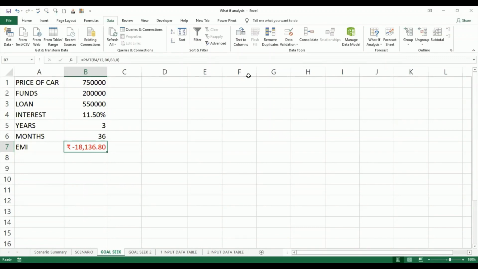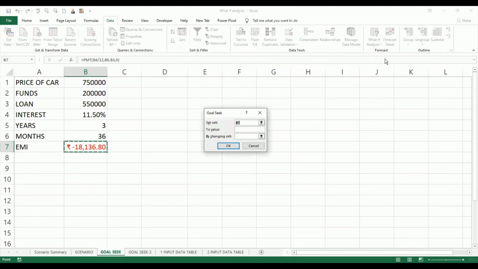So again, I go under data, under what-if analysis, and I choose goal seek. Goal seek is nothing but trying to understand, based on your EMI, how can you get the value of the car? So the set cell is B7, that is the EMI cell.